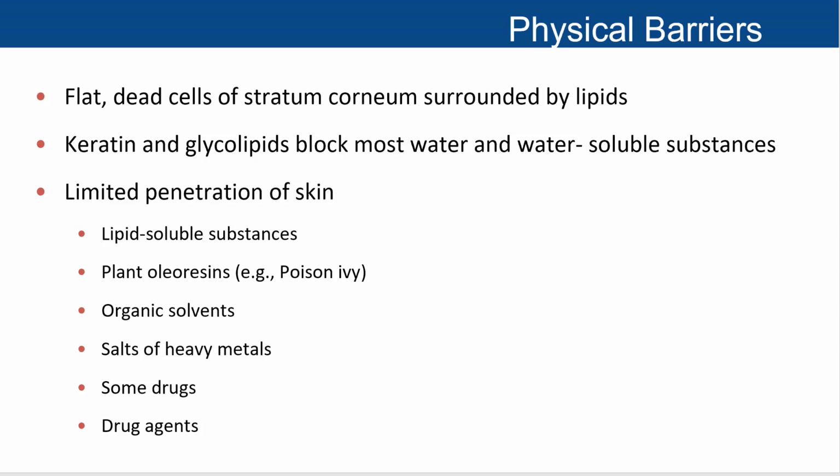Keratin is also found in the top part of our epidermis. It not only gives our skin strength but also protects our skin from water. It makes our skin impermeable to water. These barriers block out invading substances and allow limited penetration of the skin. Some certain substances can pass through it, but most of them cannot because of the keratin.